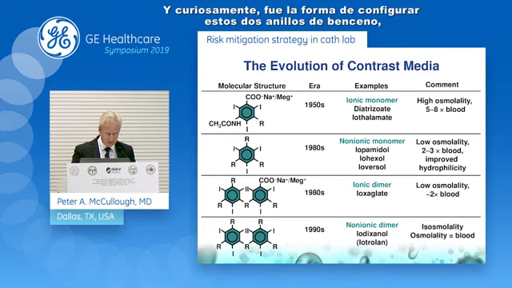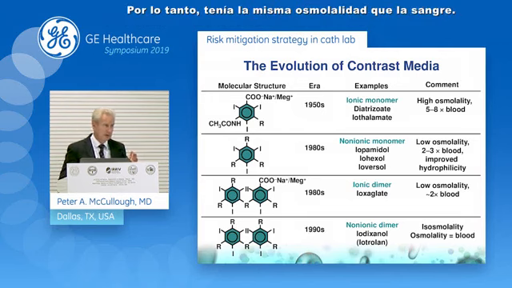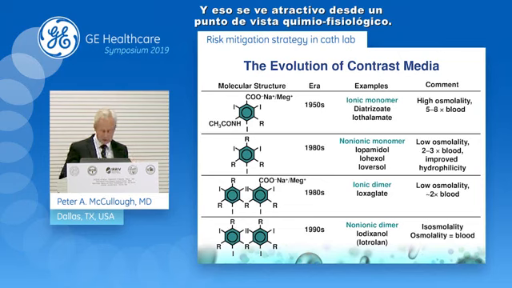Of interest, it was a way of configuring these two benzene rings to have not only sufficient iodine on them for radio opacity, but also the configuration for osmolality. So it had the same osmolality as blood. And as I'll share with you, that's attractive from a chemophysiologic perspective.